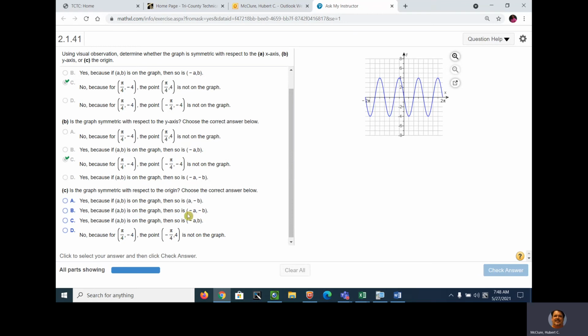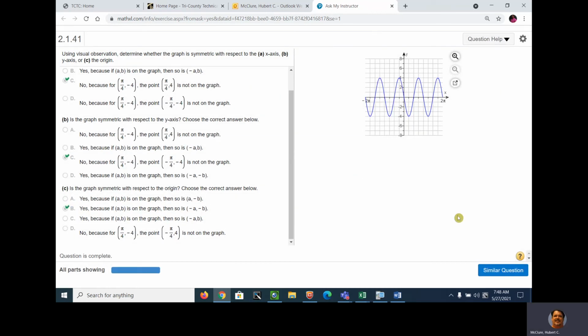If A is B on the graph, I think it's -A and -B. Think about it: -1, +4. This is the opposite of -1, which is +1, and the opposite of +4 is -4. So I would say it's probably B. Yep.